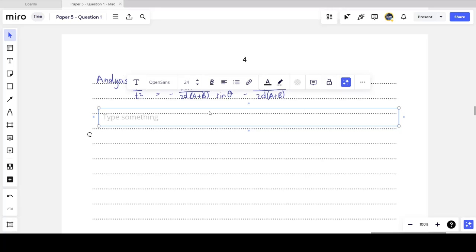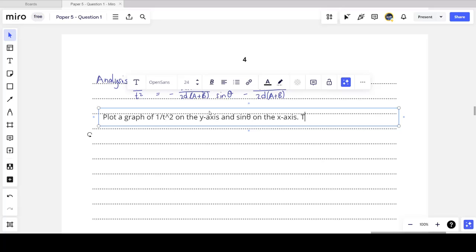So what I'm going to do is I'm going to plot a graph. Now, my dependent variable always goes on the y-axis. So I'm going to plot a graph of 1 over t squared on the y-axis and sine of theta on the x-axis.